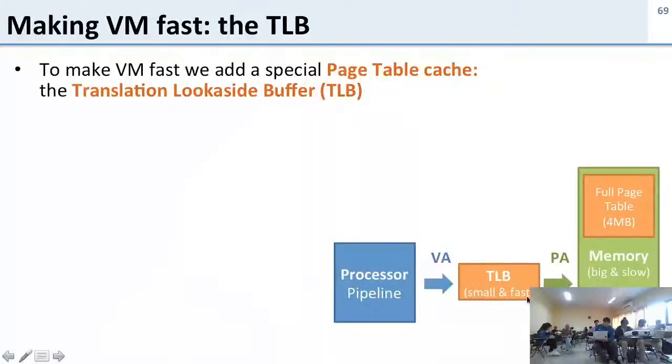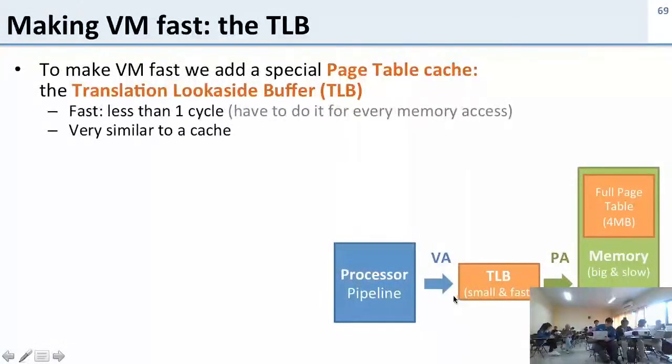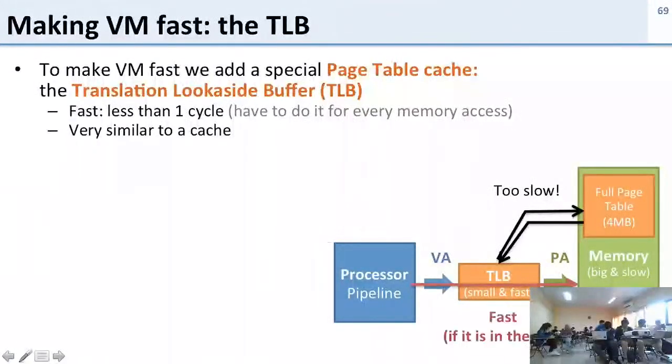This is going to be really small, but also really fast. It needs to be fast because we do this on every memory access. Typically it takes about 1 cycle or less to access, and it's very similar to a cache. If the TLB doesn't have the data, we're going to go to the page table and load the data into the TLB, just like a cache. This is slow, but once we've got the data in the TLB, we can do the translation very quickly.